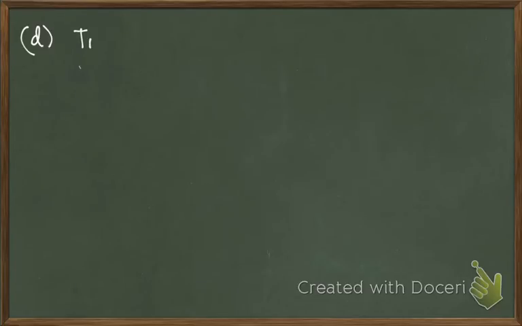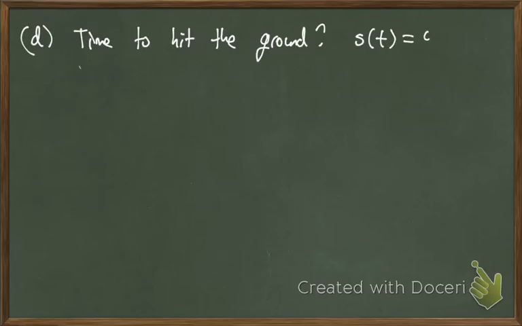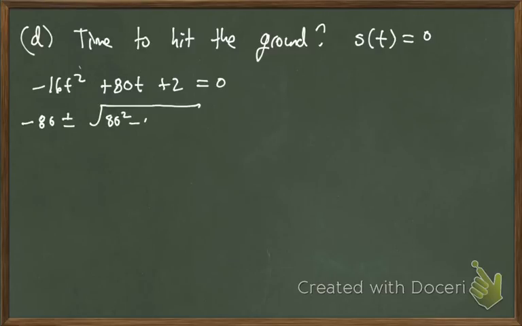So part D, they want to know the time required for the object to fall back to the ground. So we're looking at the position, and that's when the position is equal to 0. So we get negative 16t squared plus 80t plus 2 equals 0, and we get to use the quadratic formula. So it's negative 80 plus or minus the square root of 80 squared minus 4 times negative 16 times 2, all over 2 times negative 16.